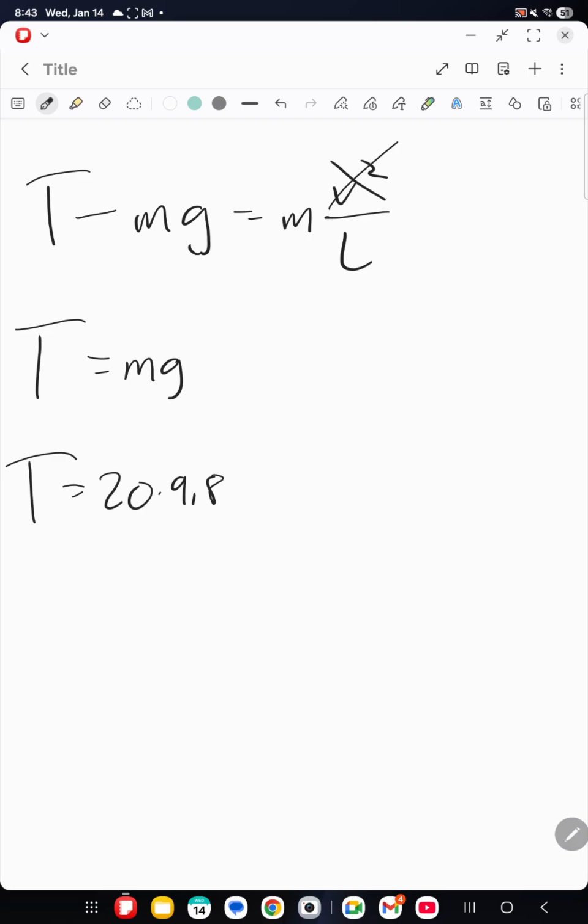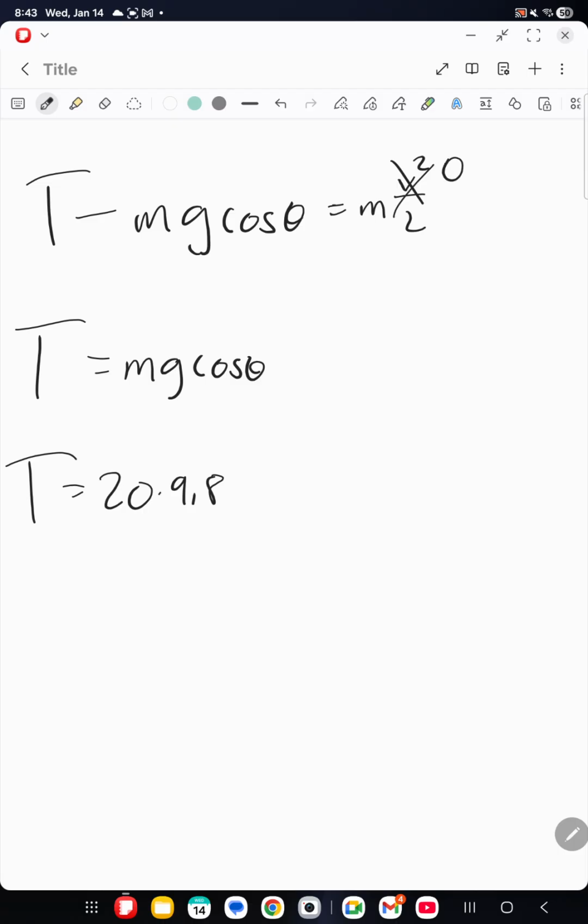But actually, no, it's not 105 newtons because you do have to multiply by cos theta. So here I made a mistake. Here cos theta is equal to mv squared over L, which cancels out.